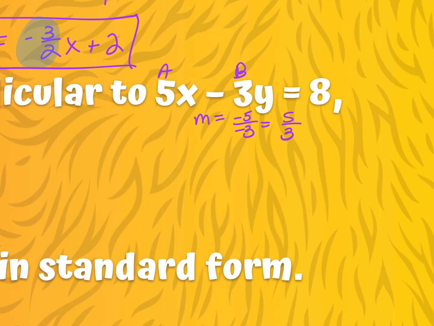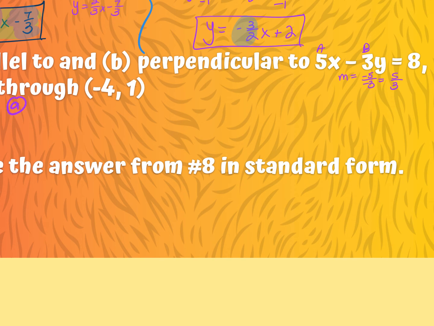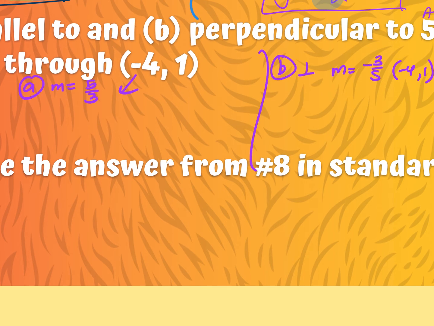So what's the slope of a line that's parallel to that? Nope, parallel. Same, 5/3, and then use this point. B perpendicular would be -3/5, and then -4, 1. So I'd get y minus y1 equals m, which is 5/3.